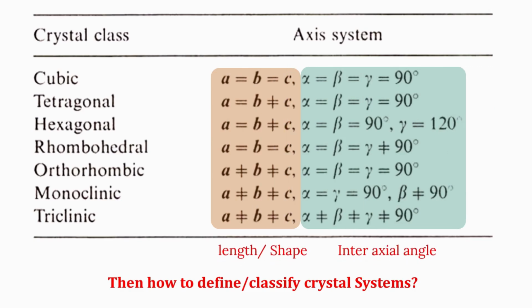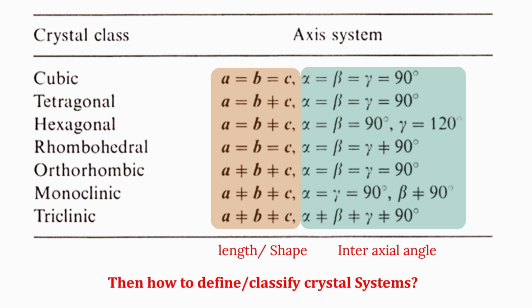The basic definition which we use, a, b, c are equal and alpha, beta, gamma equal to 90, for example for cube, is not the definition, because these are the parameters used for the lattice or the unit cell of that respective system. Basically a, b, c represent the lengths of the unit cell.